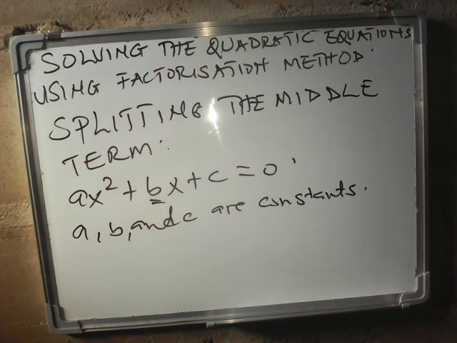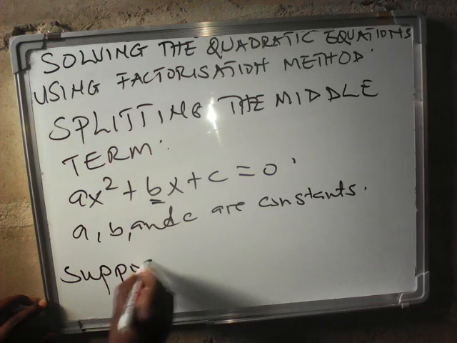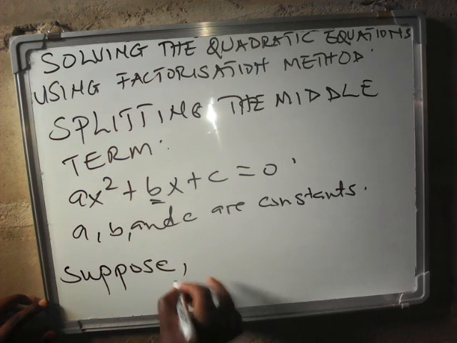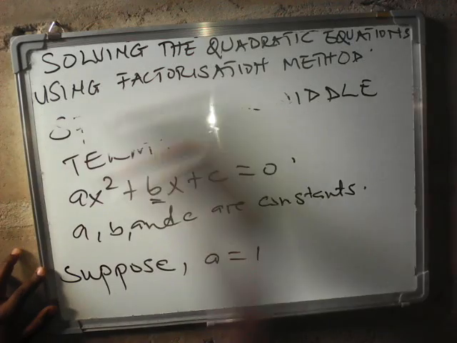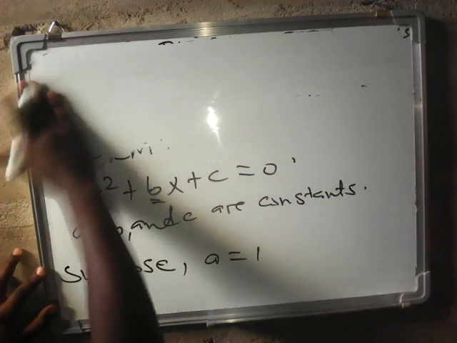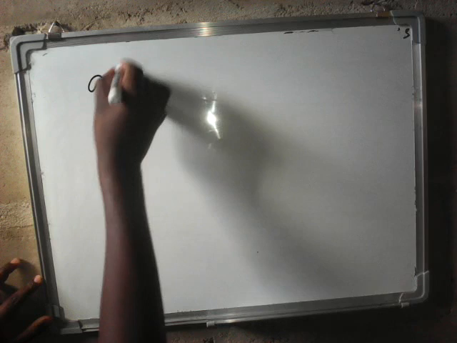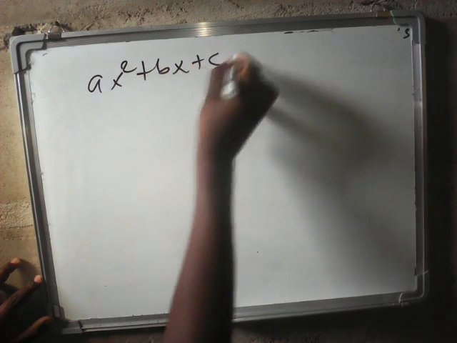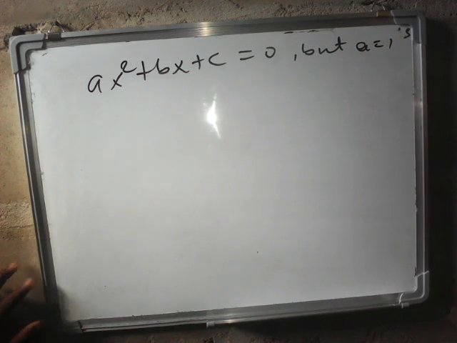Now suppose the constant a is equal to 1. It means the quadratic equation will be of the form ax squared plus bx plus c is equal to 0, but a is equal to 1.